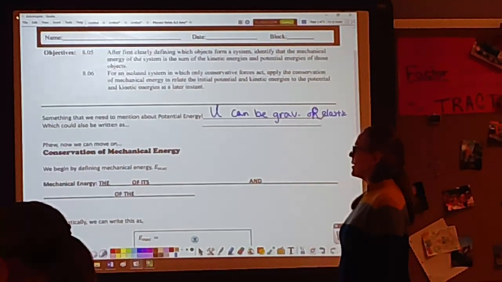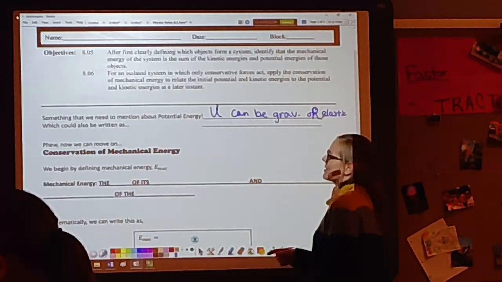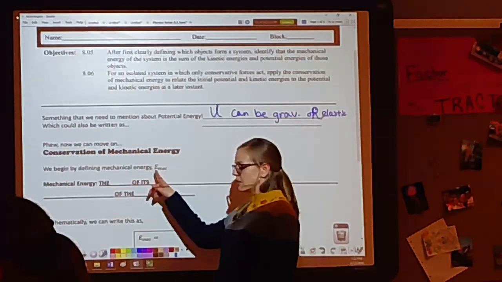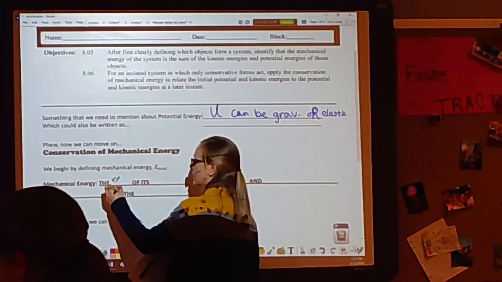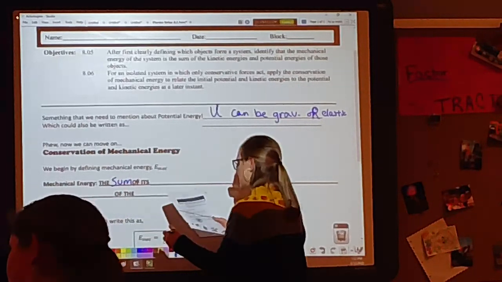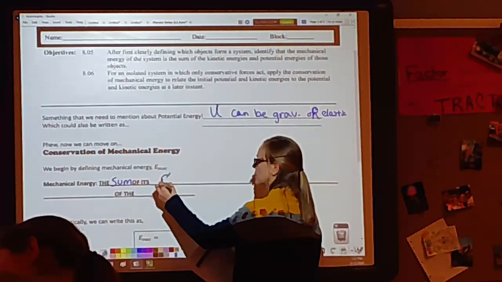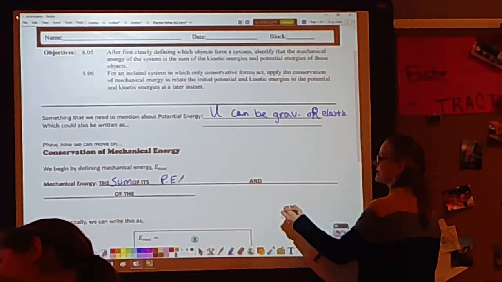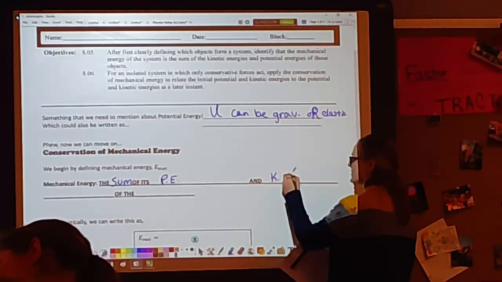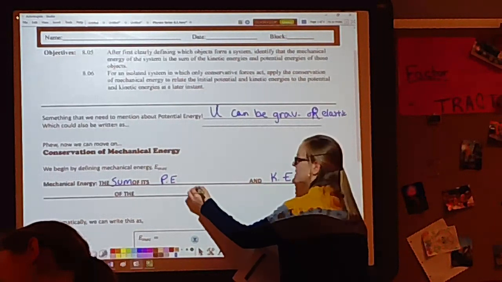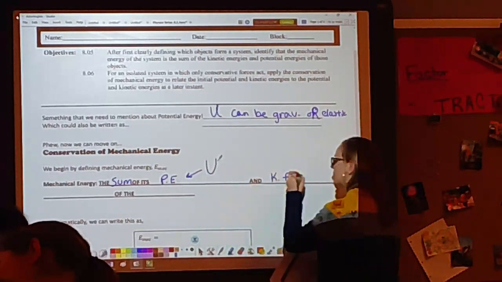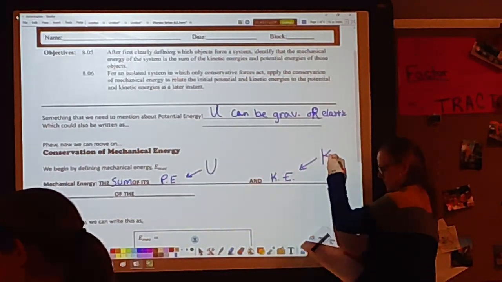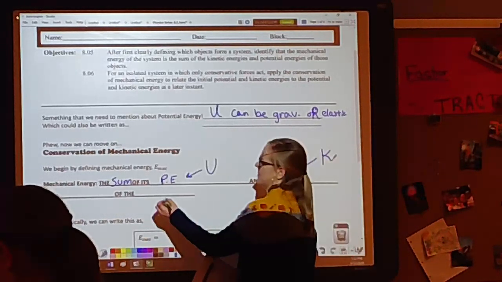All right. We can begin by defining mechanical energy as the sum, like the addition, of its potential energy and its kinetic energy. So remember, potential energy is U, kinetic energy is K of the system.